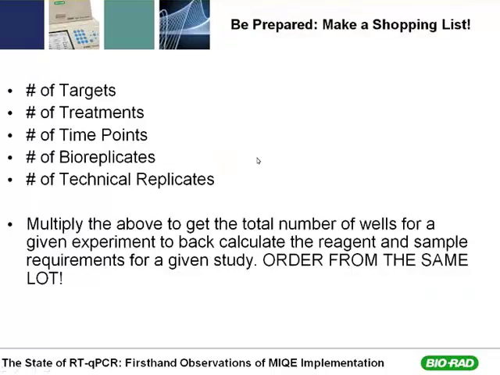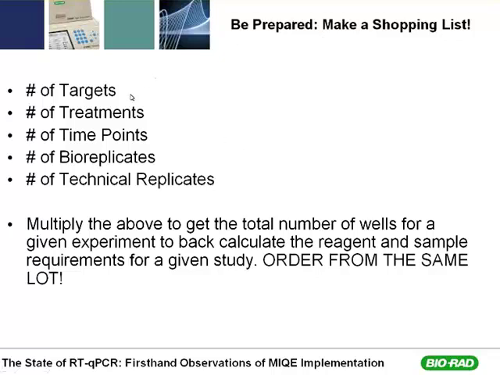Okay, so it's important, and this is a new slide actually, something that I've been playing with in a lot of the trainings that I do, to be prepared when you're going to do an experiment. And by being prepared, I mean make a shopping list of your experiment.